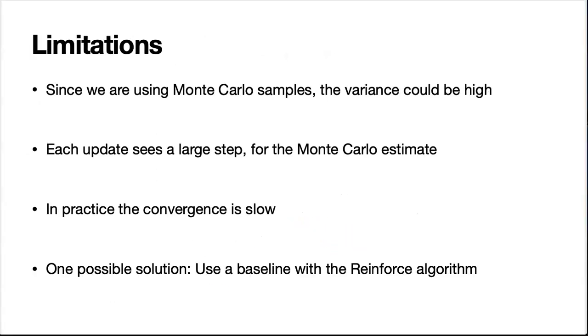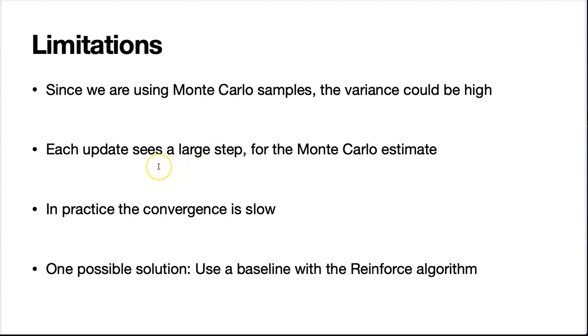There are some critical limitations when we use this kind of technique for policy optimization. Because we are using Monte Carlo samples, the variance can be very high. You might have seen earlier in the course that Monte Carlo samples have a high variance, because we are doing a complete sample of the entire trajectory before we optimize the policy.